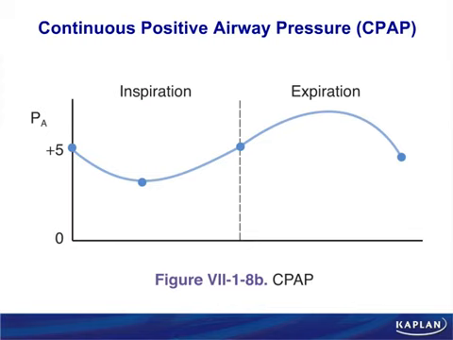So you notice on the left-hand side of the curve, pressure at the mouth is 5. The patient makes an inspiratory effort, so airway pressure falls some, but it never becomes subatmospheric. And we use CPAP for obstructive sleep apnea.